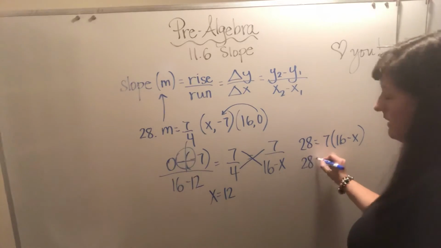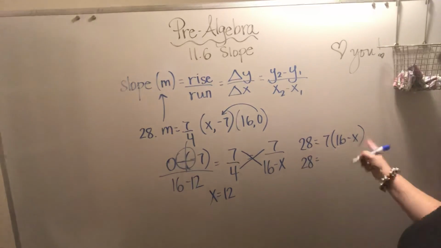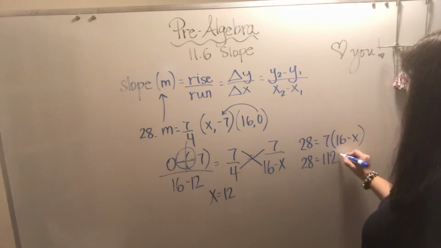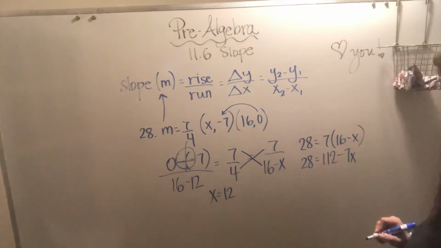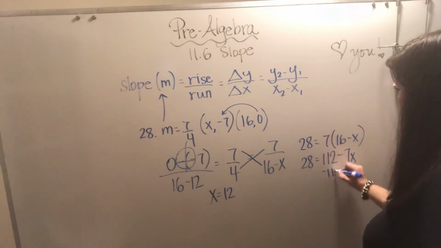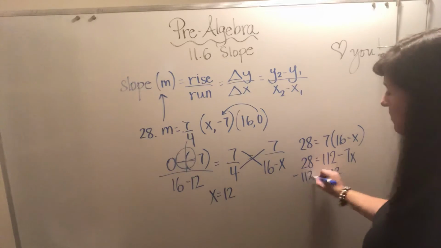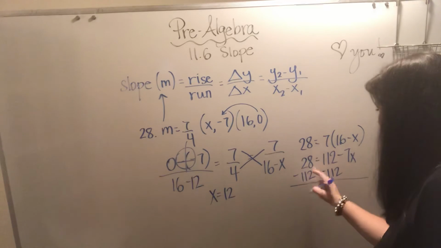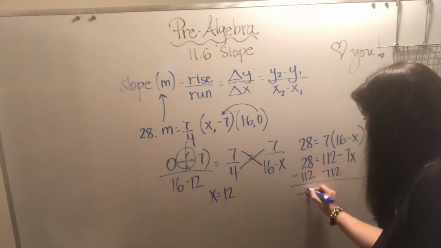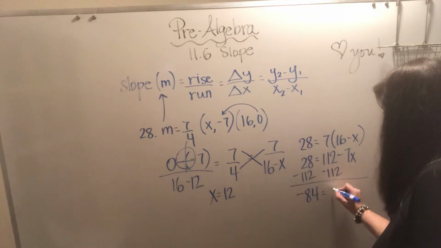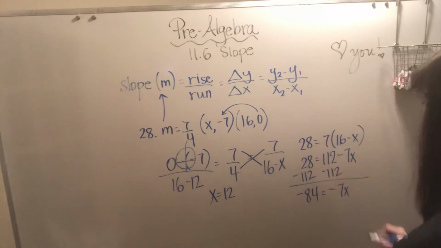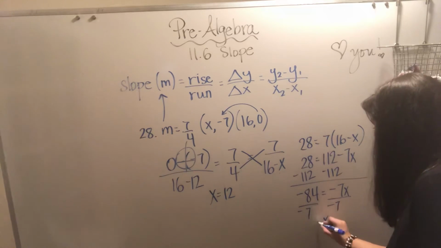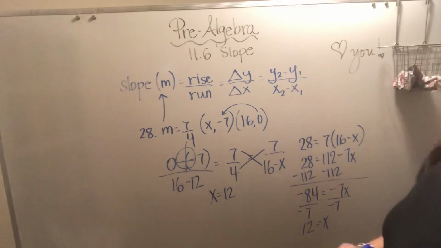So I have 28 equals 7 times 16, 112, minus 7x. Subtract 112 from both sides, and I get 28 minus 112, negative 84, equals negative 7x. Divide by negative 7. Look at that, x equals 12.